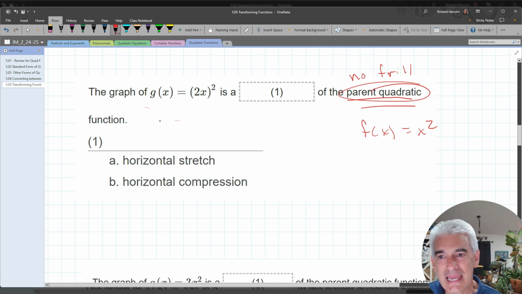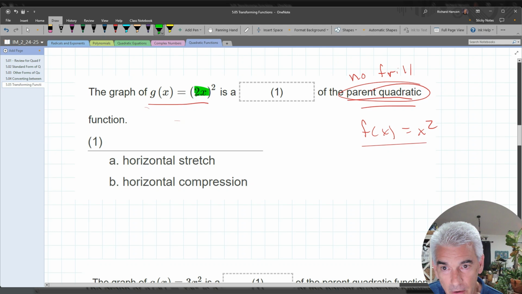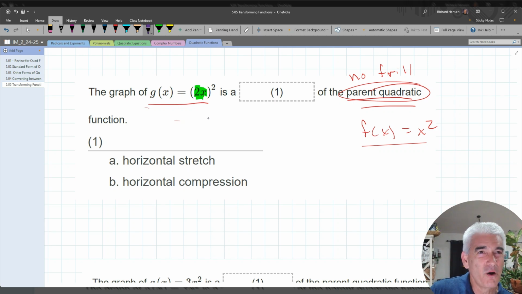So it says, hey, how does this graph compare to this graph? Well, okay, let's take a look. They are doubling all the x's. So the first thing they're going to do is double all of the x's. Well, if they're doubling all the x's, that means all of our x's only have to be half as big as they were before, because the first thing we're going to do is double them.